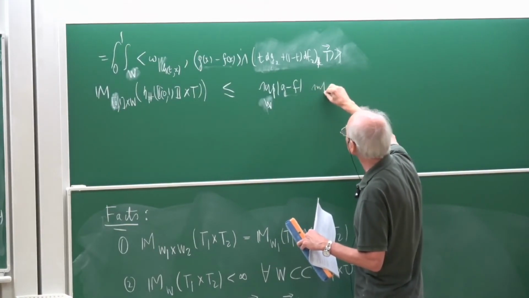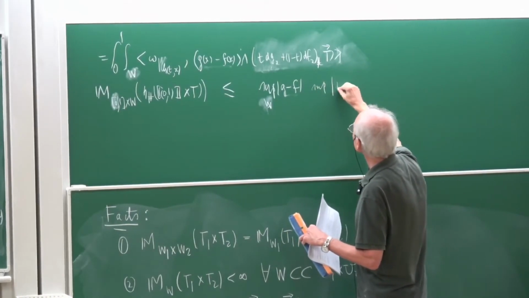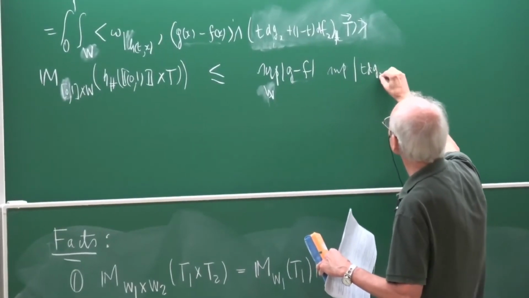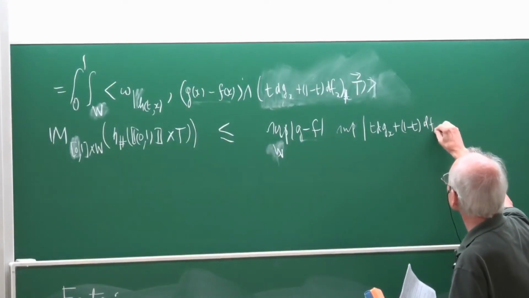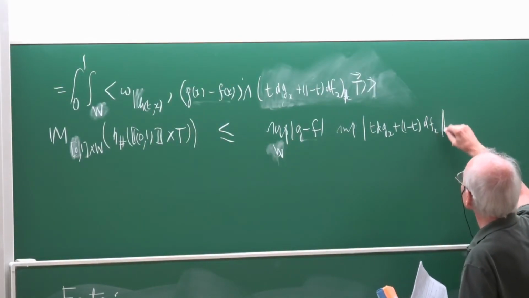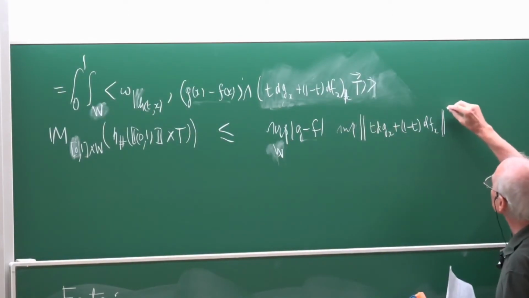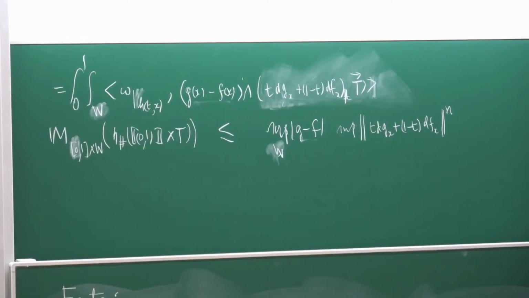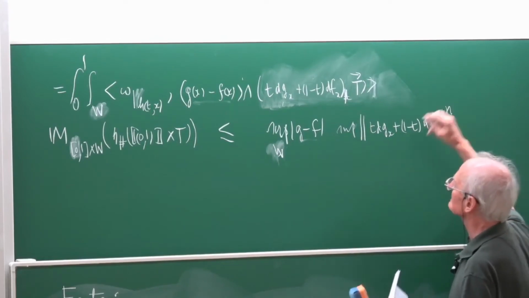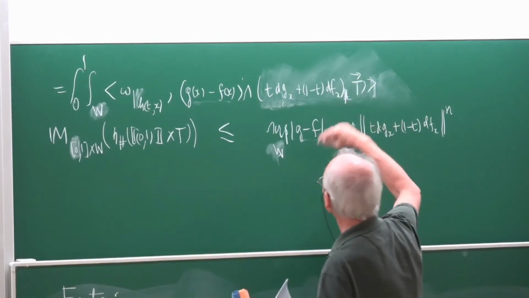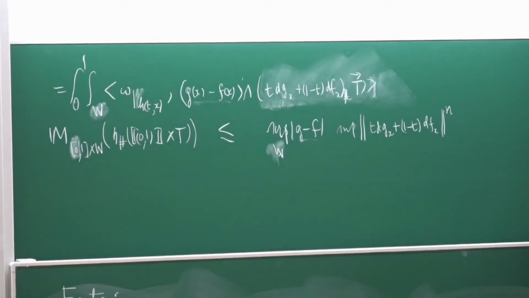So you get sup of t dg x plus 1 minus t df x. This is the norm of the linear map to the nth power, times the length of t, which is a unit vector, so that doesn't give us anything.